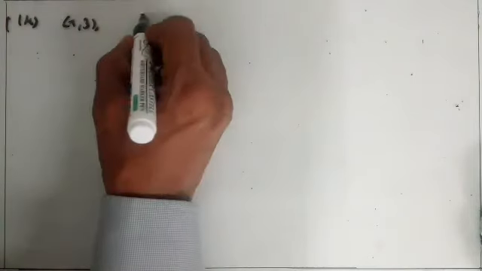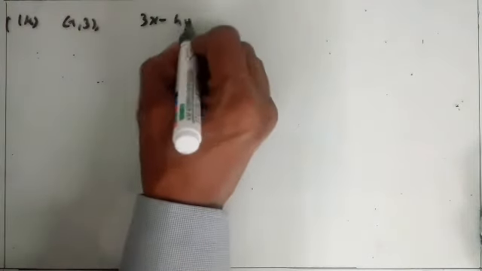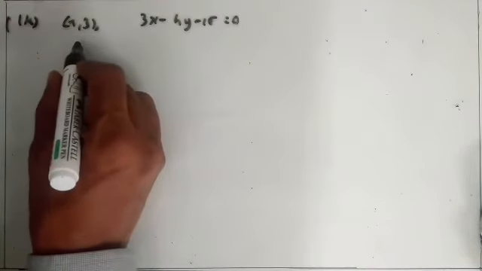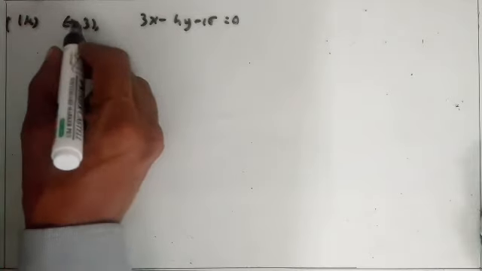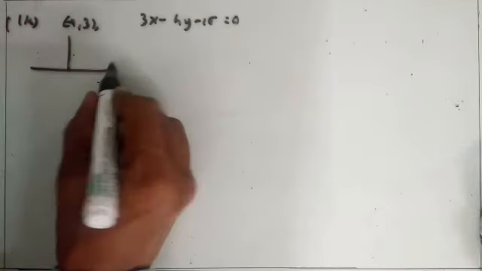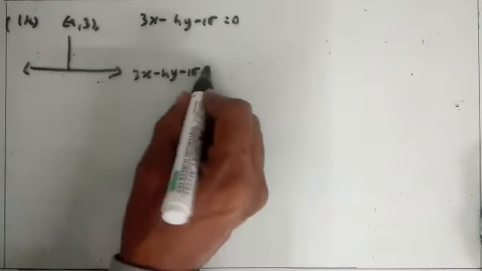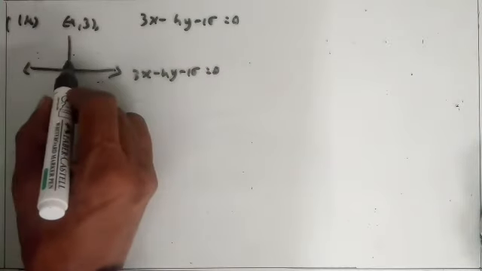Question number 14. Find the coordinates of the foot of the perpendicular from the point (-1, 3) to the line 3x - 4y - 16 = 0.